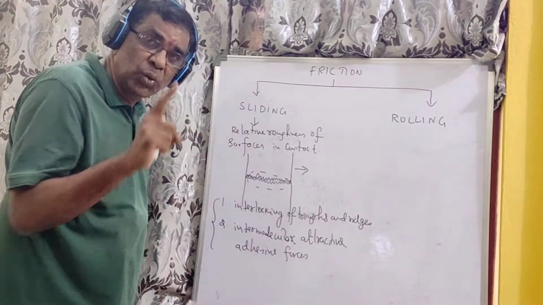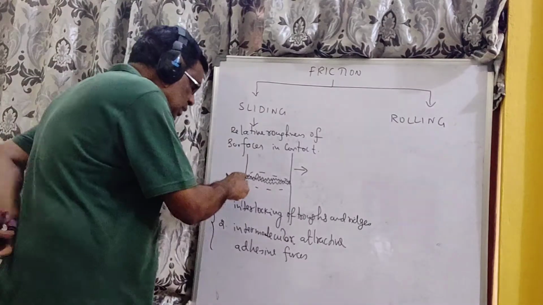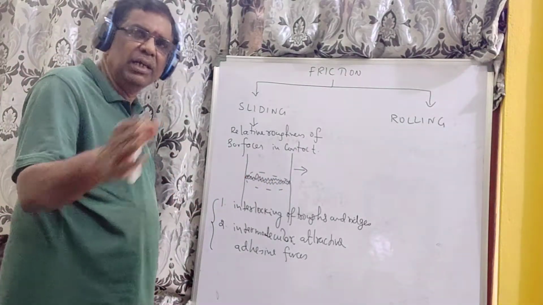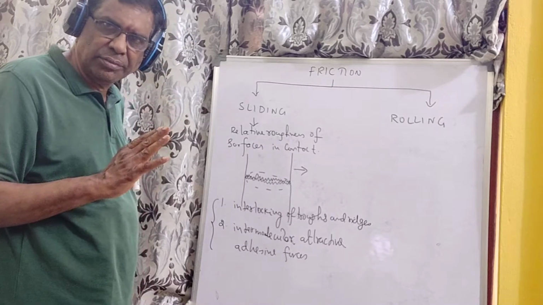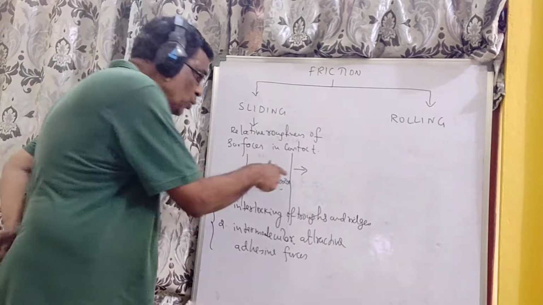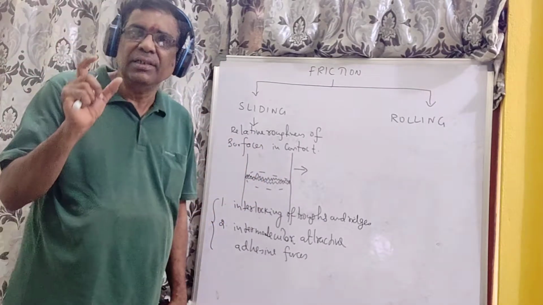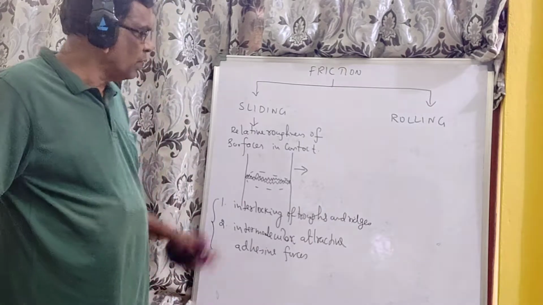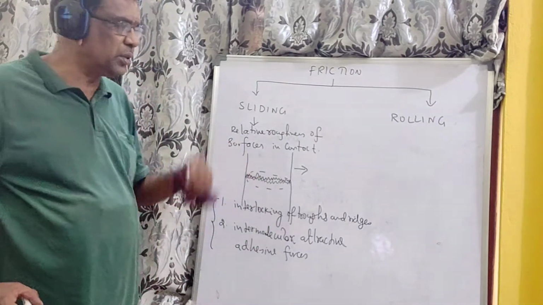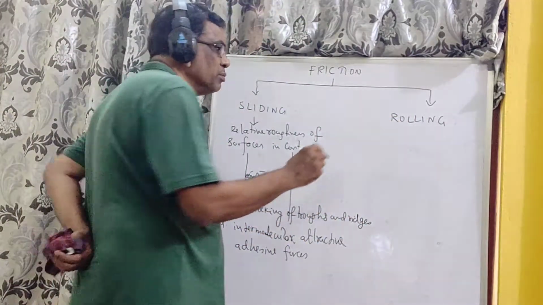It develops only when you make an attempt to move the body, either successfully or otherwise. The force that develops here, which you have to overcome to move it, is what we call frictional force. Precisely, sliding frictional force. Let us see what rolling frictional force is.